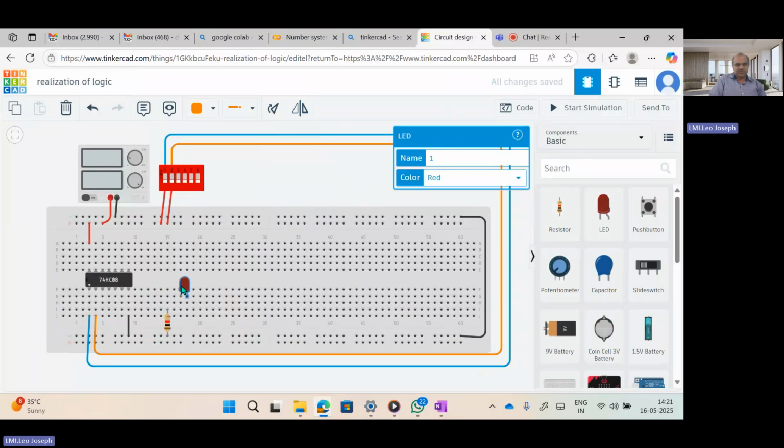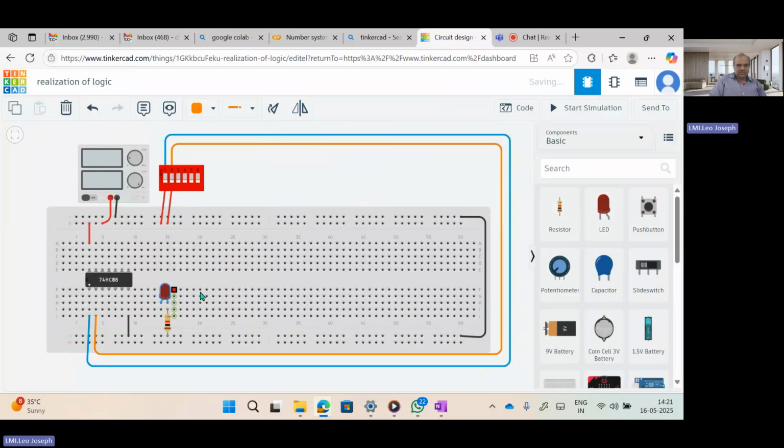So I am giving the anode positive and the cathode negative, and through the resistor I am connecting it to ground. And from here I am directly shorting this to the third pin. Not the third pin. Wait, let us check where we have to connect the output.